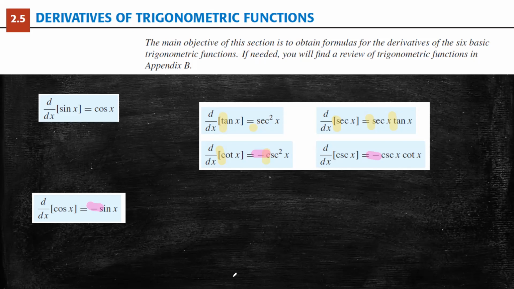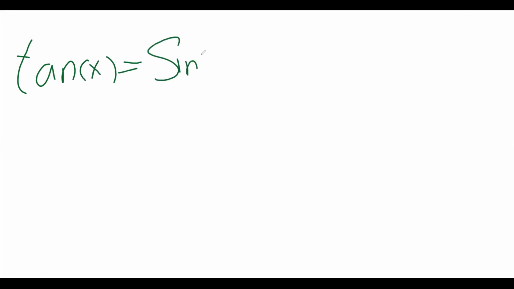Look at me here. All of us know that tan of x is sine over cosine. Is it right? Yes, tan is sine over cosine.